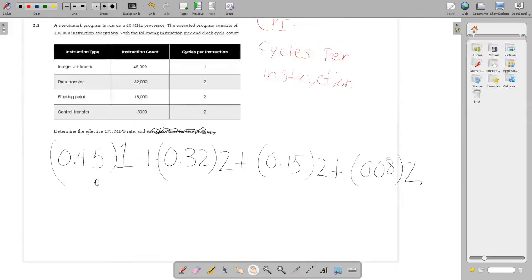Is that clear where I got all of those from? And somebody said it in the chat earlier too. Alright, I'm going to assume everybody gets where I got those from. Basically, I just took those and divided it by the 100,000, right?